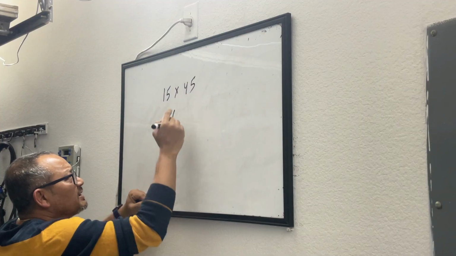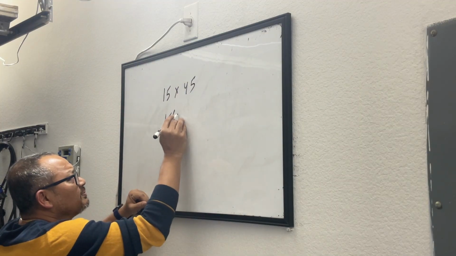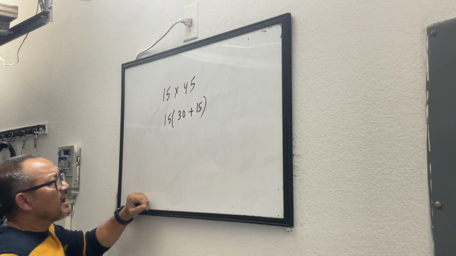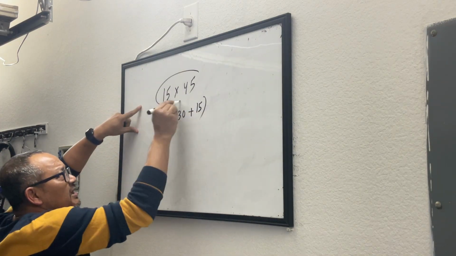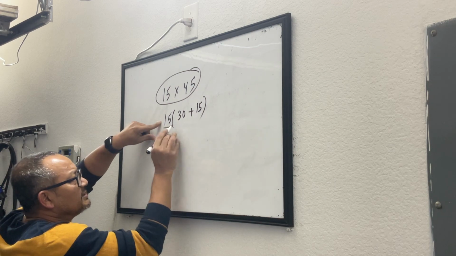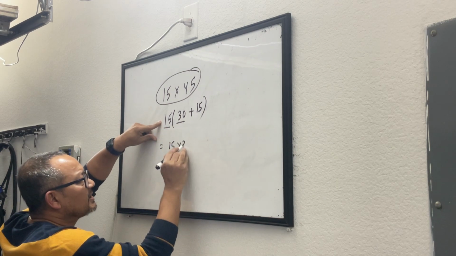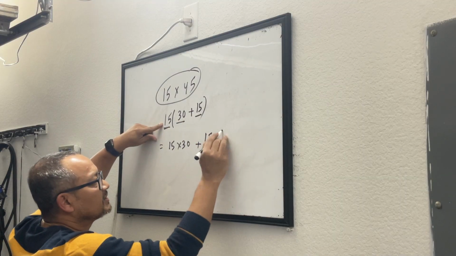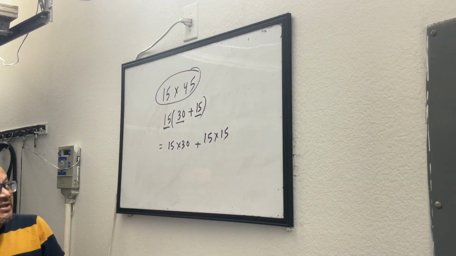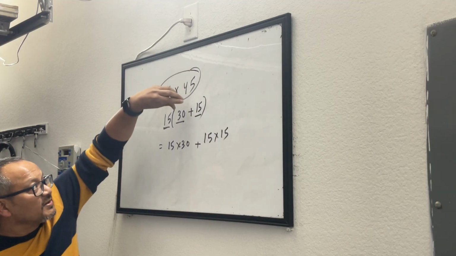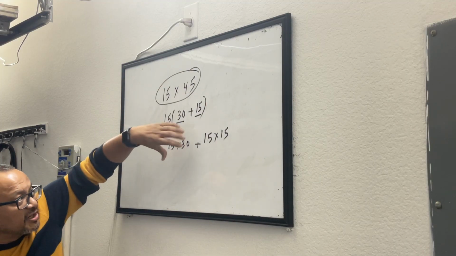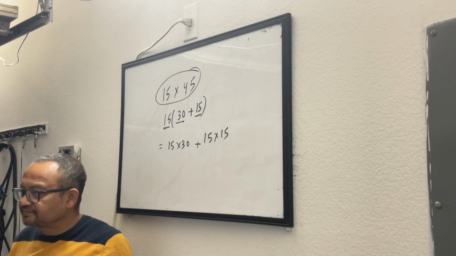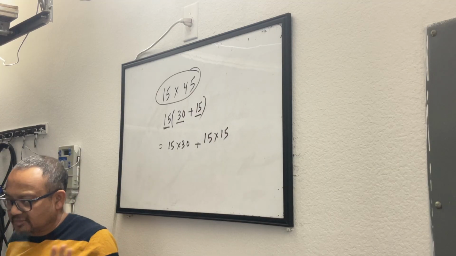I can break this 45 into two small pieces, 30 plus 15, and then the answer will be equal to this into this plus this into this. So basically what we are doing is, we had something, we split that into two pieces, and then we are distributing it to break the brackets open. That is the whole premise of distributive property. Everybody agree with that?